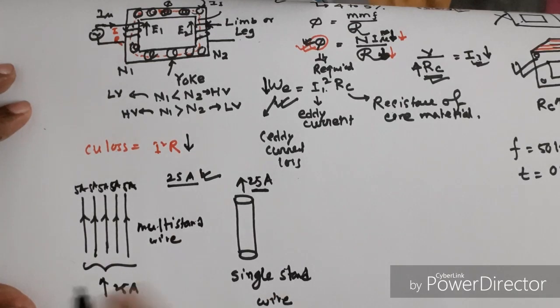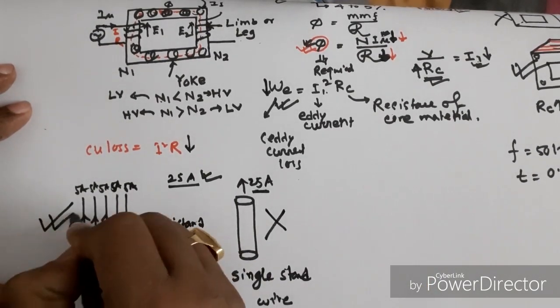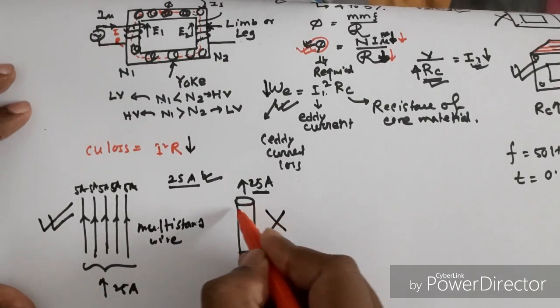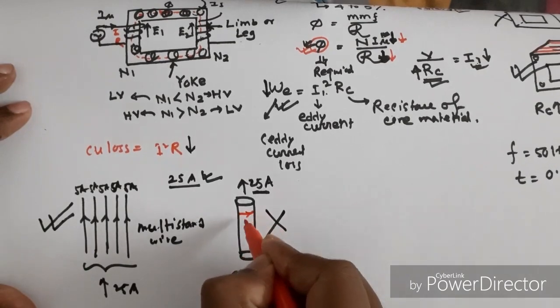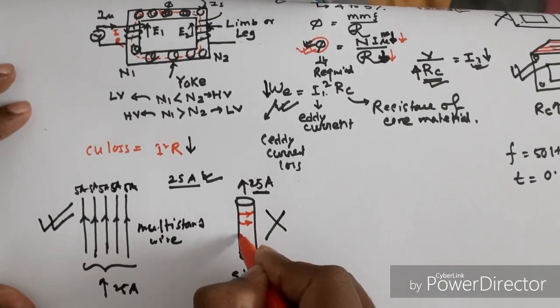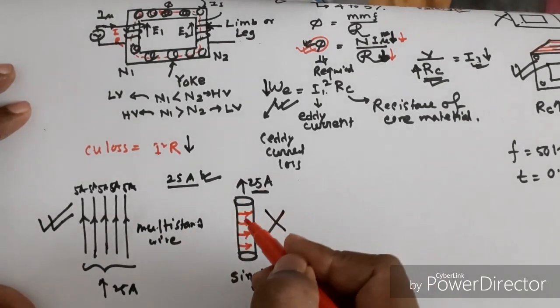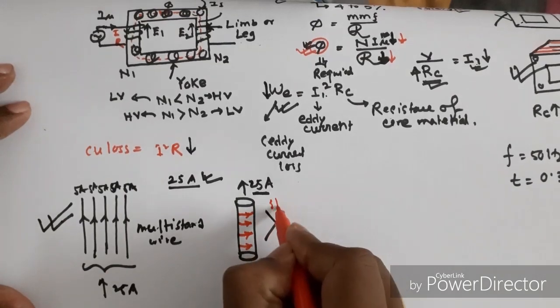In order to reduce the copper loss, we don't use single strand wire, we use multi-strand wire. Why? The reason is that since the diameter of single strand wire is very high, due to the higher diameter, a skin current passes through the surface of the conductor. This is called skin effect.